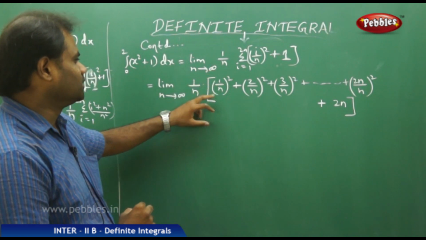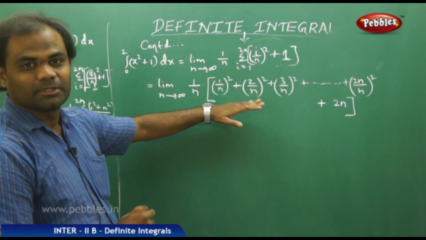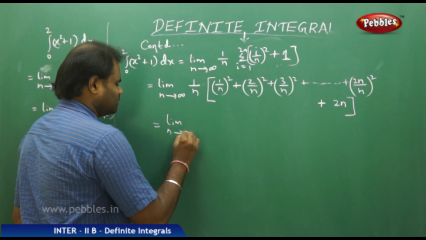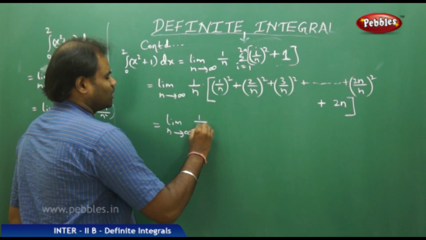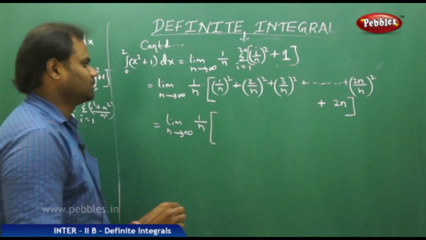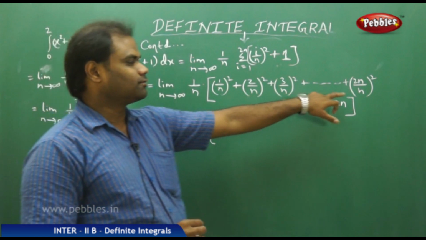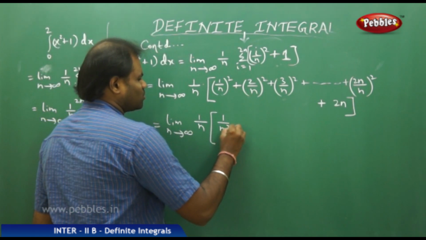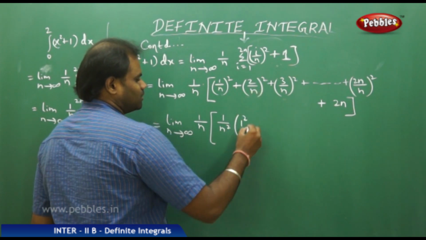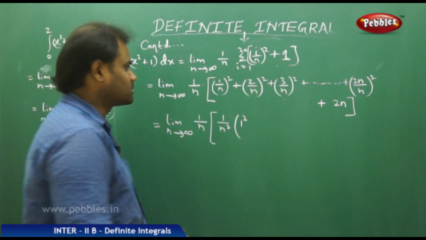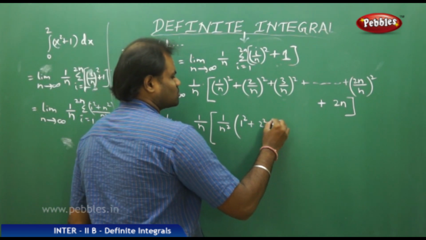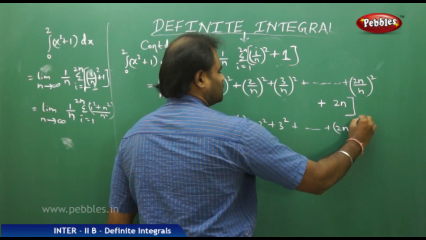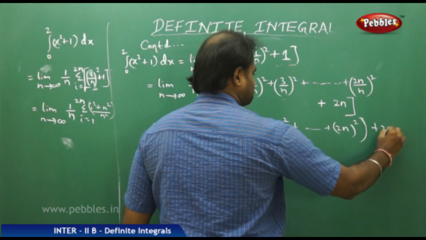Now each of these values substituted gives limit n tending to infinity of 1 by n, and then taking n squared common, because in each of the cases n squared is common in the denominator, I have the numerators left inside the brackets as 1 squared plus 2 squared plus 3 squared till (2n) whole squared, plus 2n.